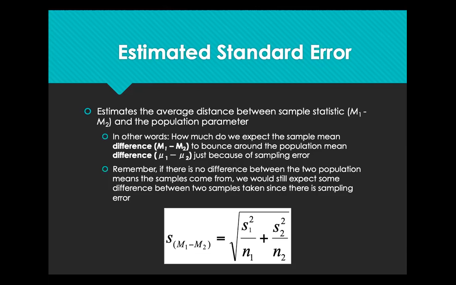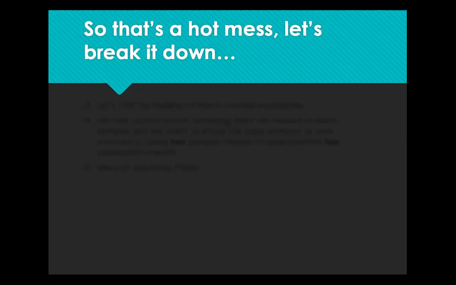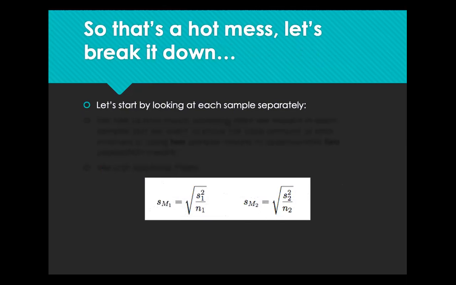So let's break this down because in this formula, there's a lot going on. We've got the standard deviation over the sample size plus the standard deviation of the second group over the sample size of the second group, the square root of all of it. So let's start by looking at each sample separately, one at a time.